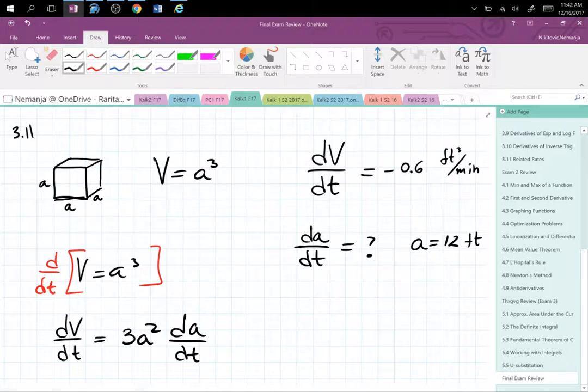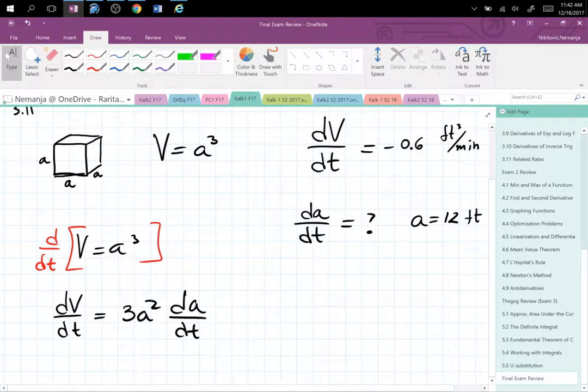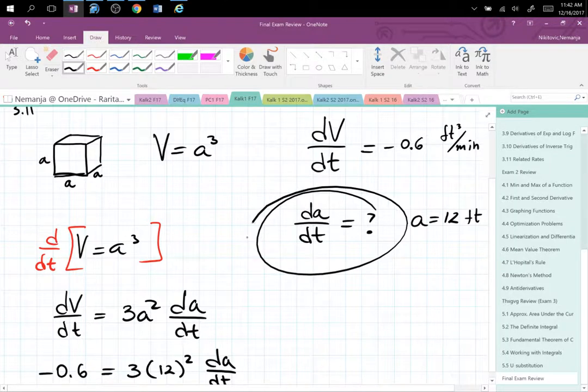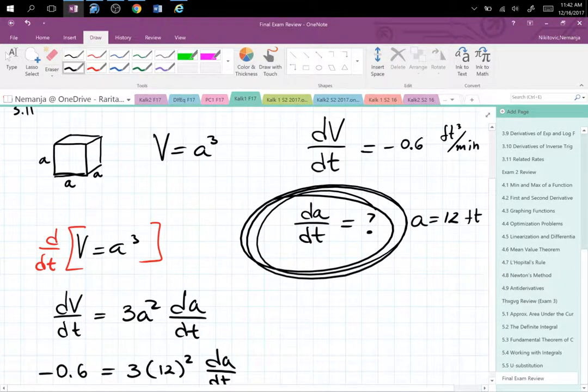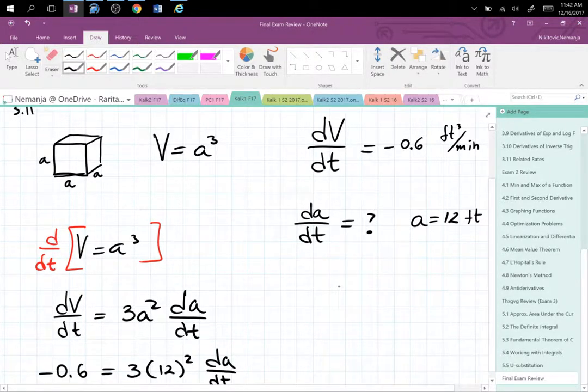And you actually see all of the numbers that need to be plugged in now. So dV/dt, that's negative 0.6, is equal to 3 times 12 squared. And dA/dt stays as the unknown, but that's what we actually want to compute, right? So that's good that we have it.